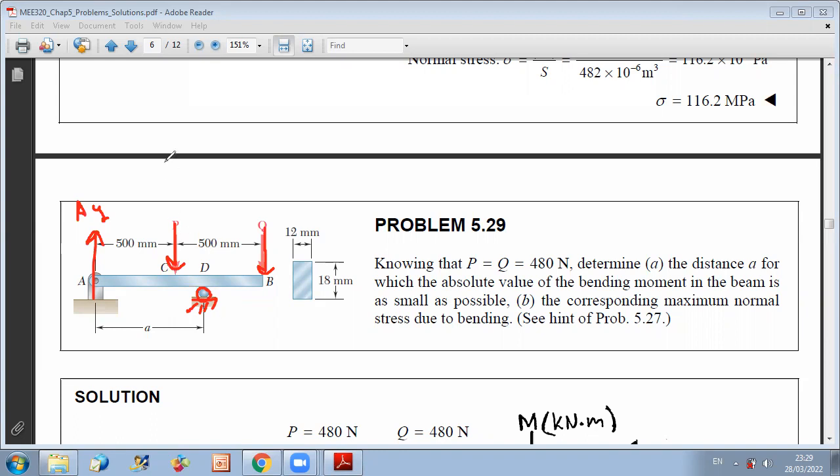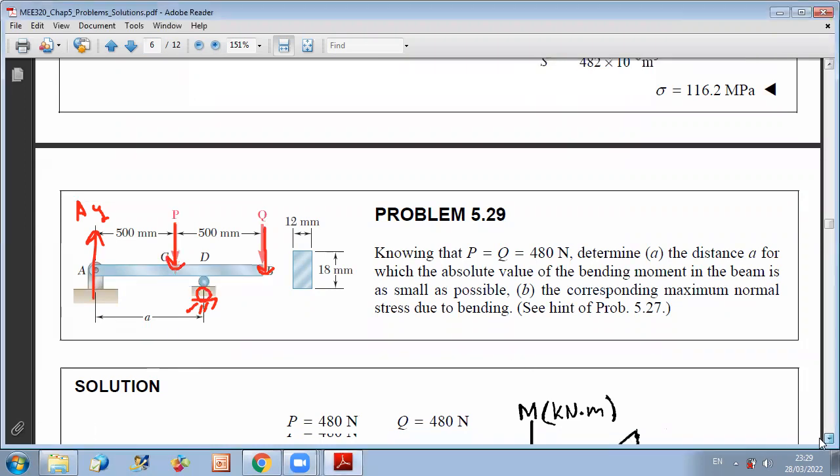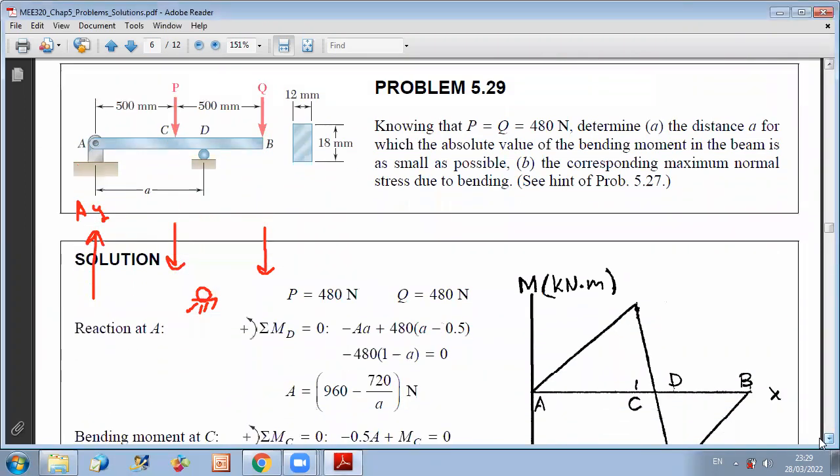Okay, so the strategy will be first to draw the bending moment diagram as a function of A. To do this, first I find the reactions as a function of A. So all I have to do is, for example, to get AY, I do sum of moments about D equals 0. As you can see, the reaction at A will be found as a function of small a.